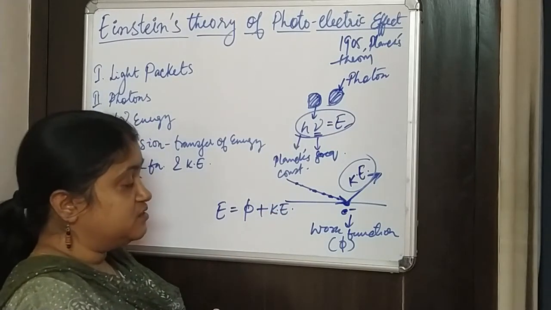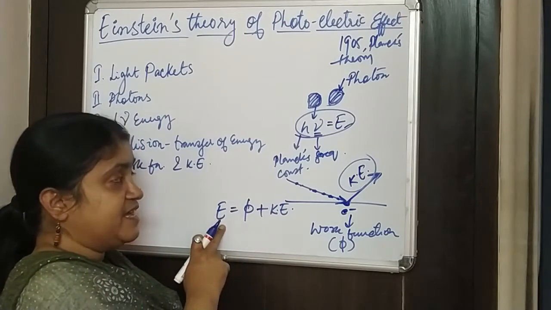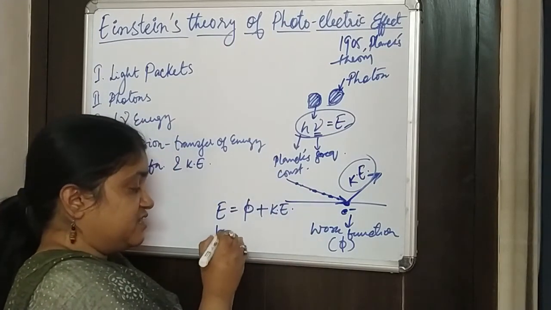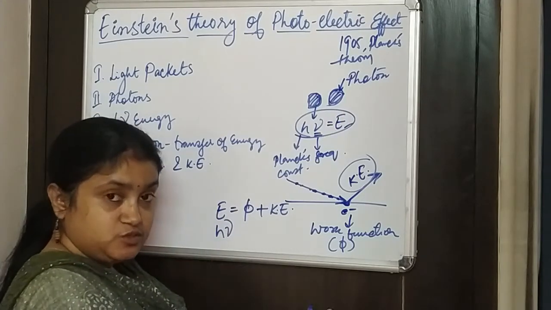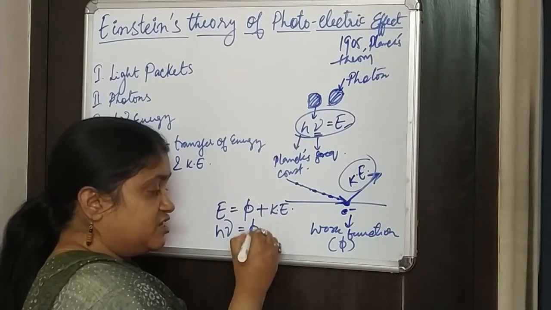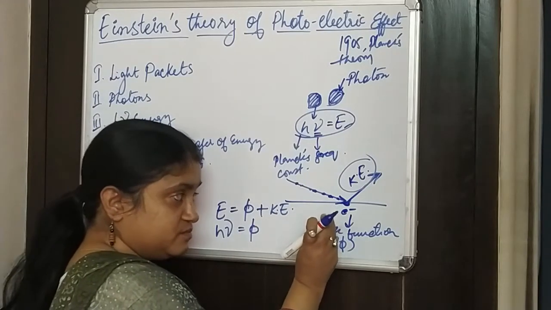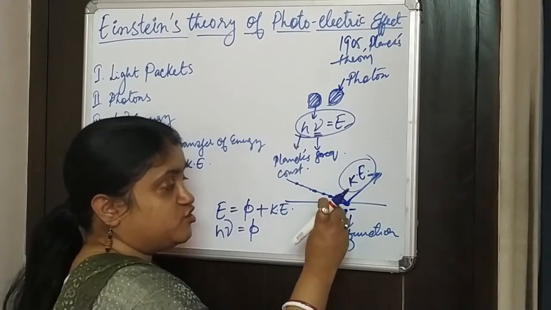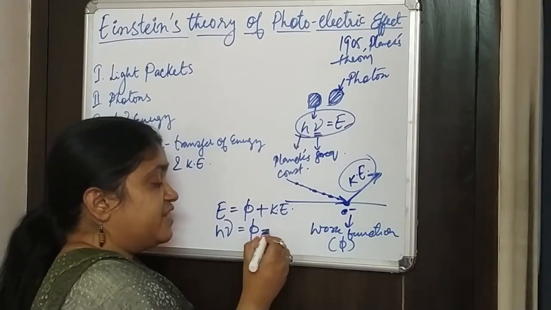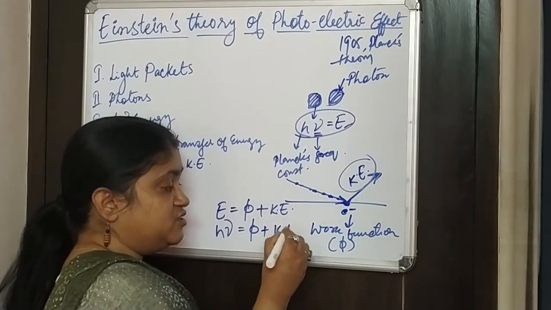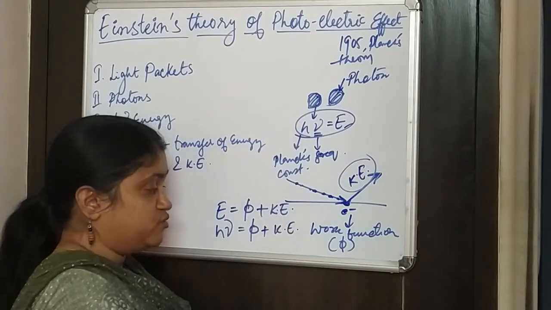So here, the energy of the incident light is nothing but h nu according to Einstein, and this energy is first used to free the electron, so that it just escapes from the surface, and the rest of the energy is used as the kinetic energy of the electron.